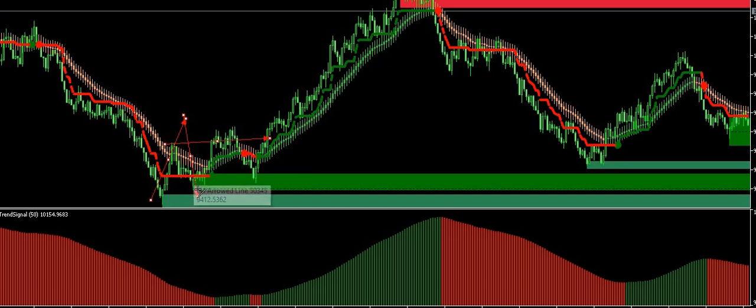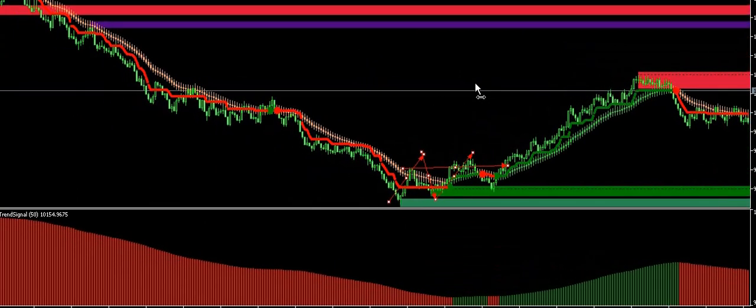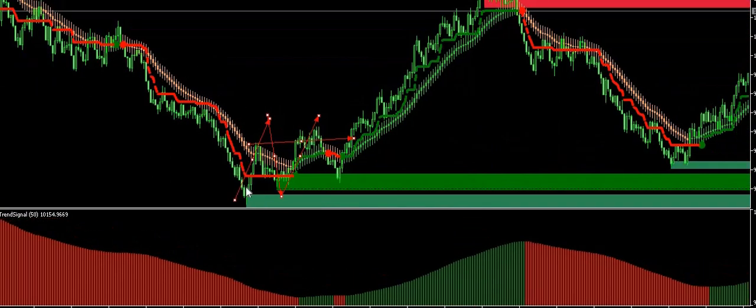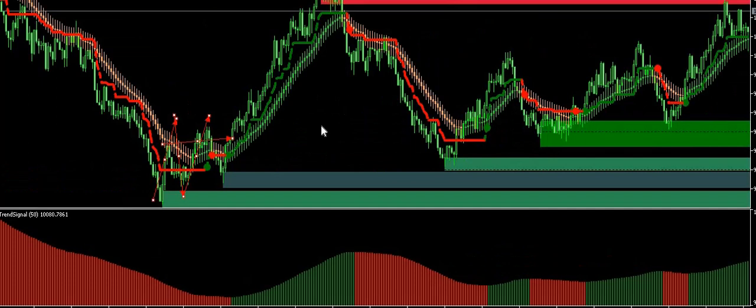Then you can see the market rally back up. So you can see at this point in time, this market was actually selling, but it got to this. This is our order block. Let's go to our 6 hours and see something.